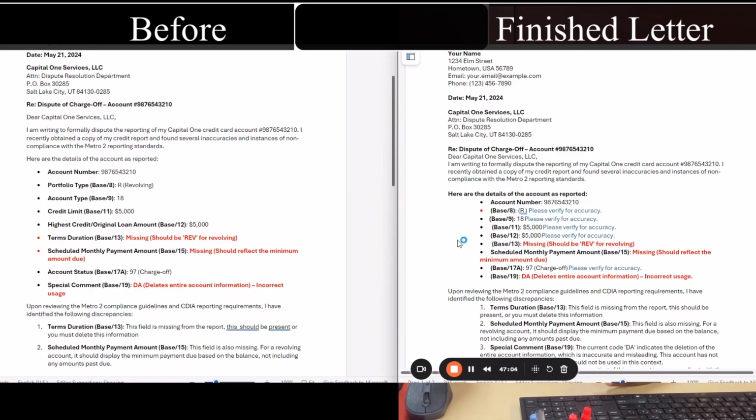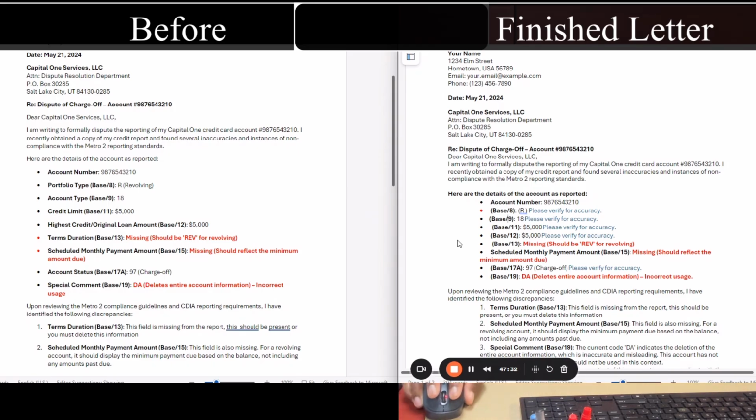Unless they know Metro 2 coding, they're not going to know exactly what fields we're disputing. So the letter that we're actually going to send out has all of the actual account field names removed. Where it says portfolio type, account type, credit limit, highest credit limit, all that stuff is gone, and all I have there are the actual fields and codes.